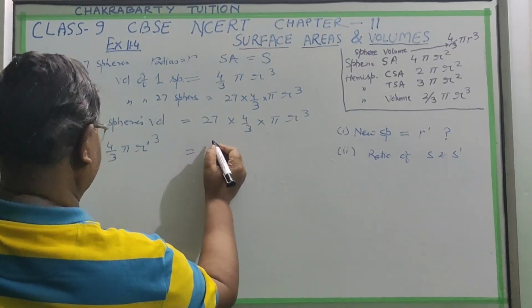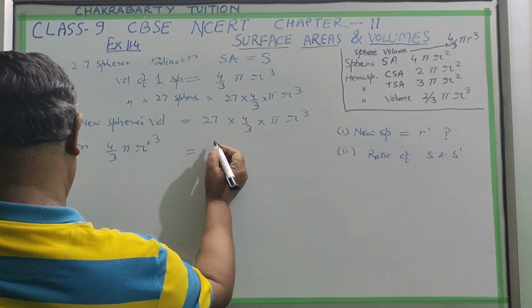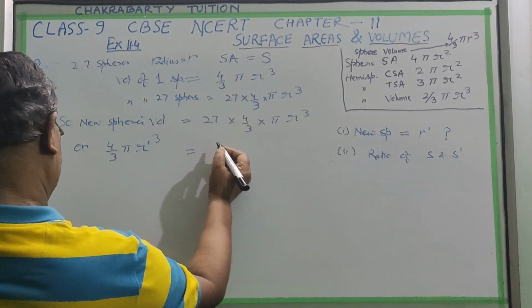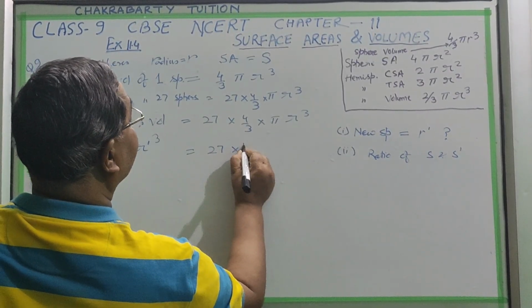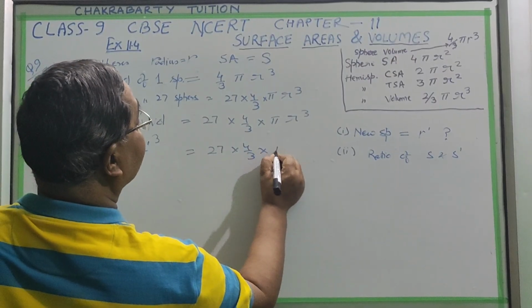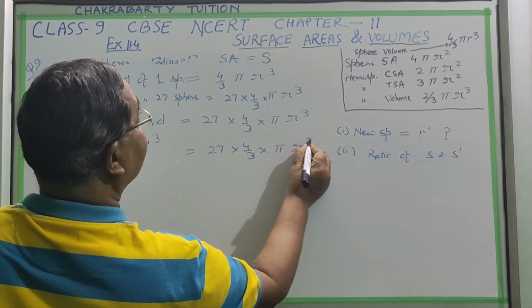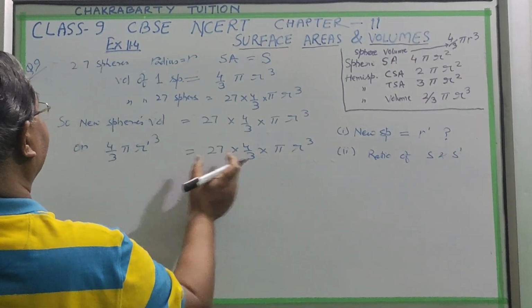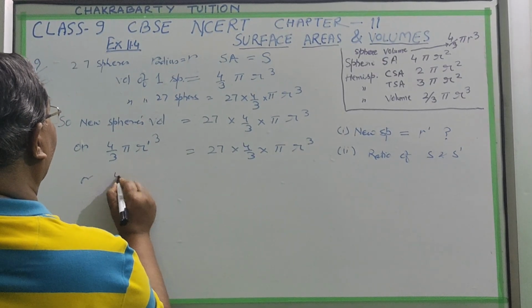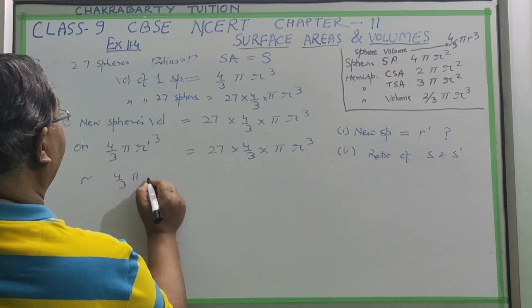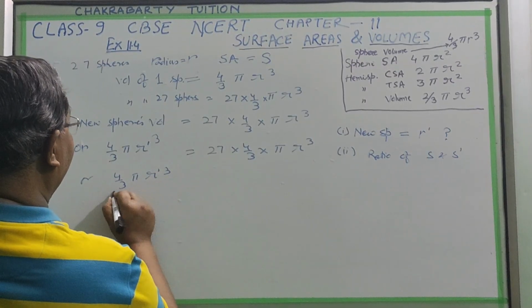This will be equal to this much. So 27 into 4 by 3 into pi r cube. So we can take this to this side, 4 by 3 pi r dash cube.